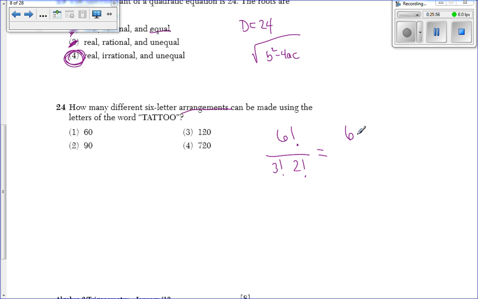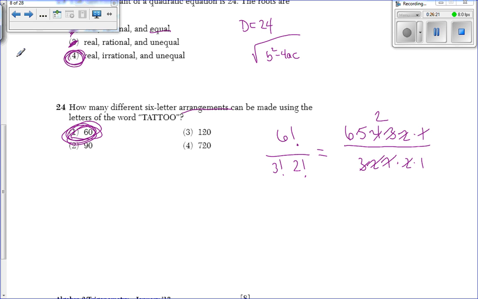So this is like 6 times 5 times 4 times 3 times 2 times 1 over 3 times 2 times 1 times 2 times 1. So 3, 2, 1, gone. 2 in the 4 2 times. So I have 6 times 5, which is 30. 30 times 2 is 60. Or you can type it into your calculator. Remember where the PRB button is.